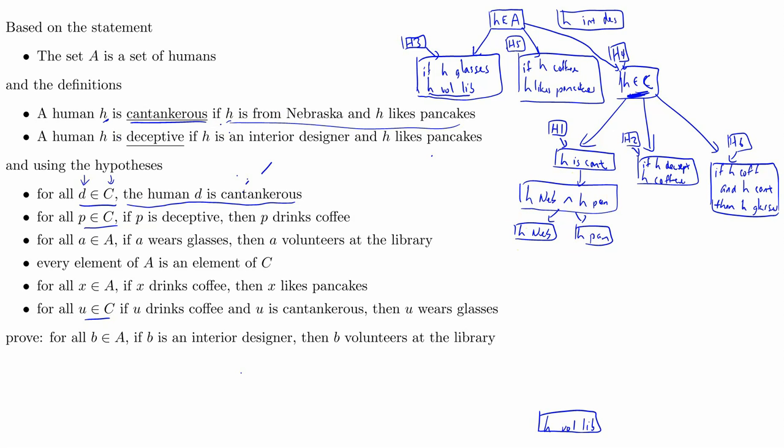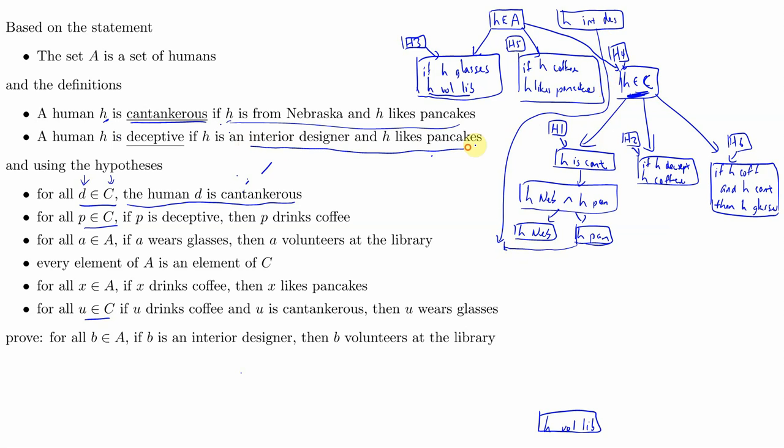Let's see, what else do we get? Oh, take a look. We've got H likes pancakes, and H is an interior designer. Where is that? That's way up here. So H likes pancakes together with H is an interior designer.